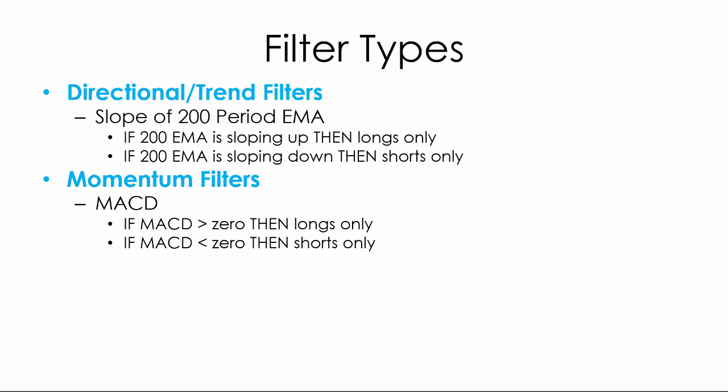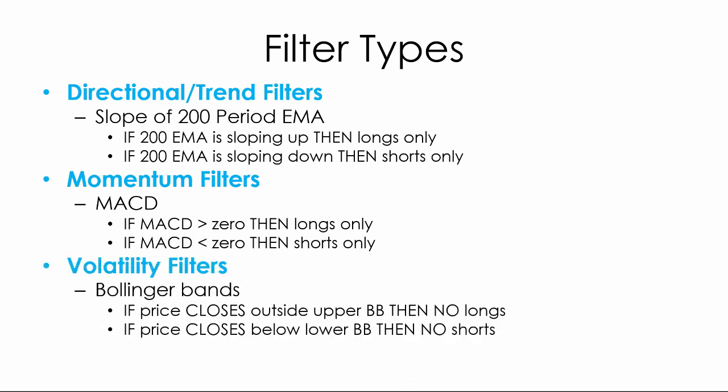And then finally, gang, one of my favorites is what I call a volatility filter. Now, here's an example: Bollinger Bands. The way Bollinger Bands work is they spread out during periods of high volatility. They tighten or contract during periods of low volatility.